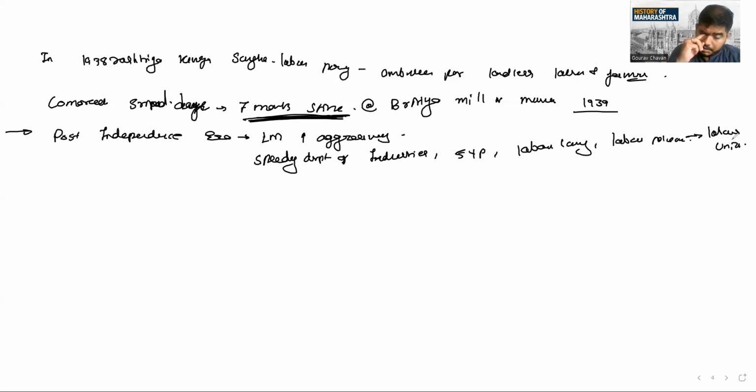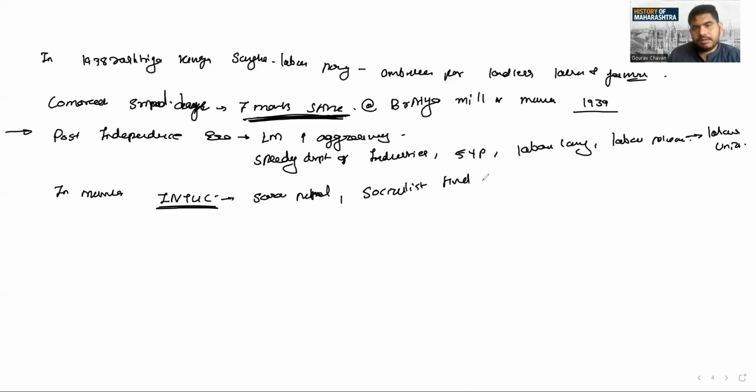In Mumbai, the Indian National Trade Union Congress was formed under Sardar Vallabhbhai Patel. Then the Socialist Hind Mazdoor Sabha was formed in 1978.